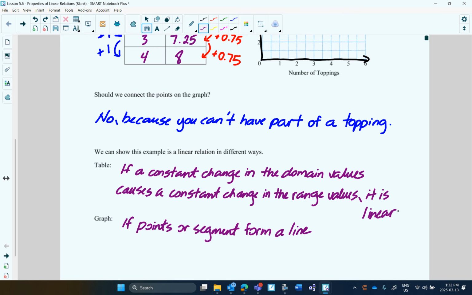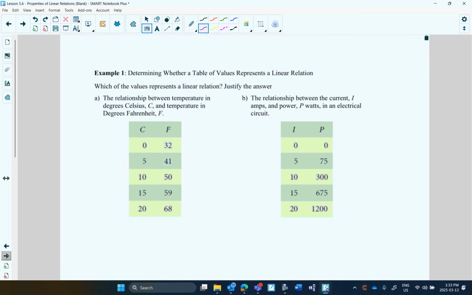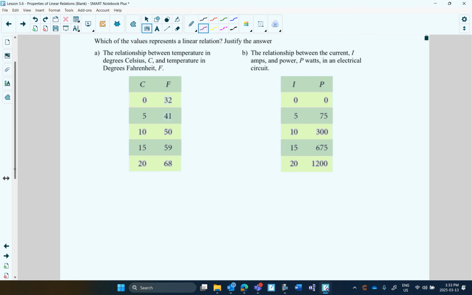Now we're going to skip the second page because that's going to go back to that. I would like to go here. I would like to leave in examples 1 to 3. Here you are given two relations in table form. Obviously there are relations.